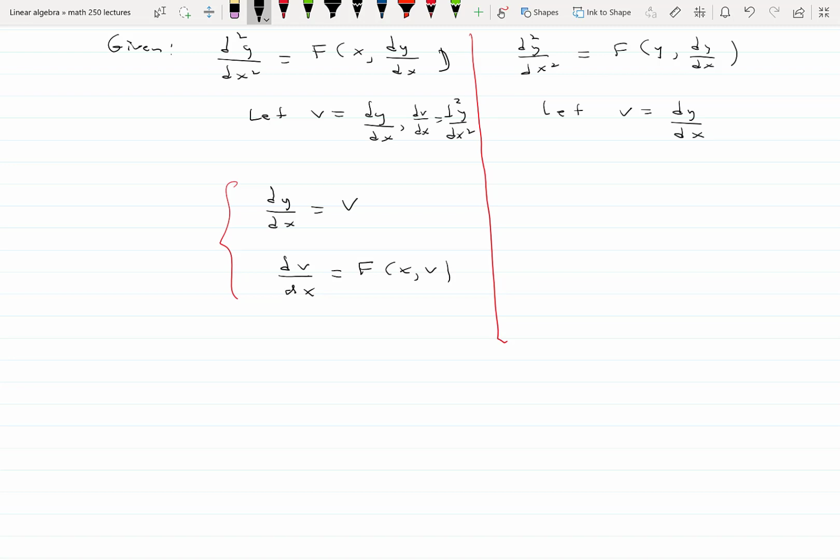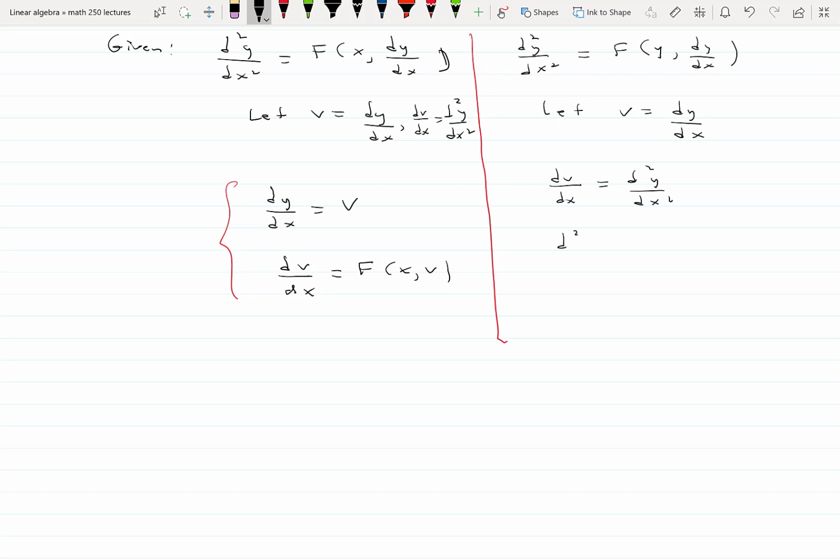But I don't want that dv dx in this, because it'll contribute to having three variables. On the right hand side, we're going to have y and y prime, y and v, as variables. On the left hand side, we're going to have dv dx. So I'd like to make dv dx into a function of v and y.